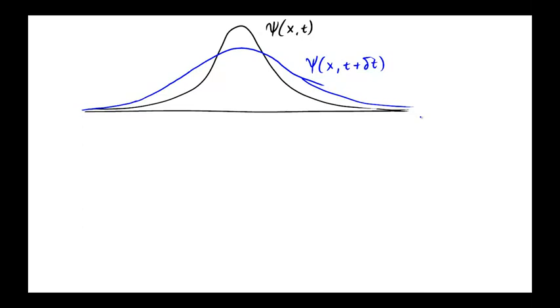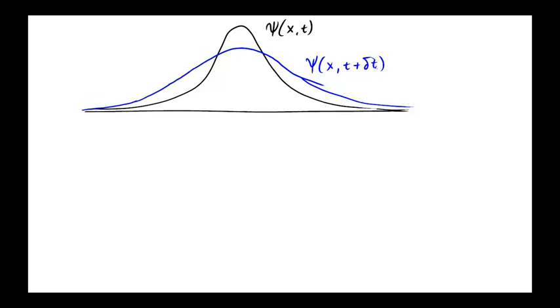Remember, if you actually measure the position of the particle, you just see it at some position x with probability which is proportional to psi of x, t, magnitude squared. The wave function is not accessible to you when you do a measurement. But I'm willing to give it to you. I'm willing to tell you that the particle had wave function psi of x, t at time t, and exactly psi of x, t plus delta t at t plus delta t.